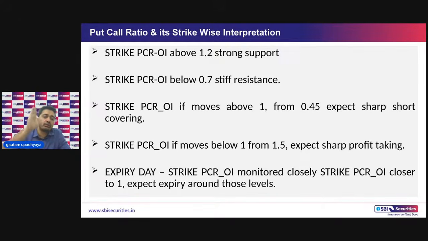Likewise, if the value moves from 1 towards 0.45, 0.5, it means that call option sellers are increasing their positions. Whenever the denominator increases and numerator decreases, the value will come down. If the numerator is increasing and denominator is decreasing, this value will move on the upside. So it's a very simple mathematical calculation, but the interpretation is what is very important to understand.